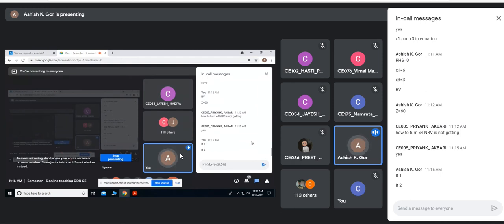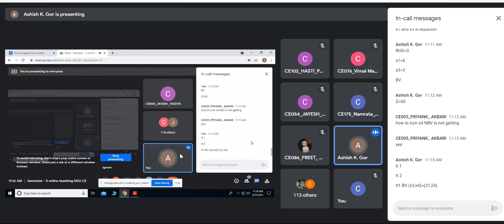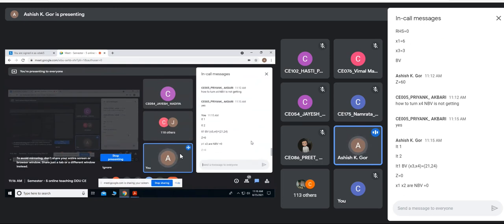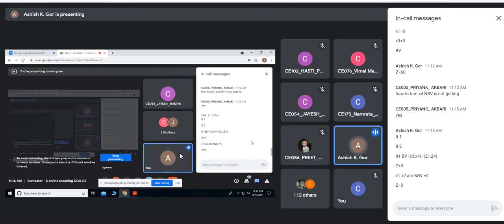Others you have to assume non-basic. And z therefore I get 0. Why? Because x1, x2 are non-basic in the first iteration, which means they are set to 0, which means z is equal to 0. So this is the first iteration.